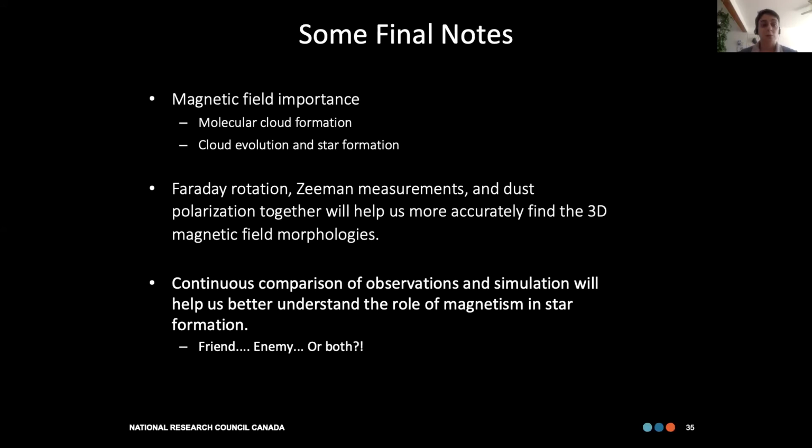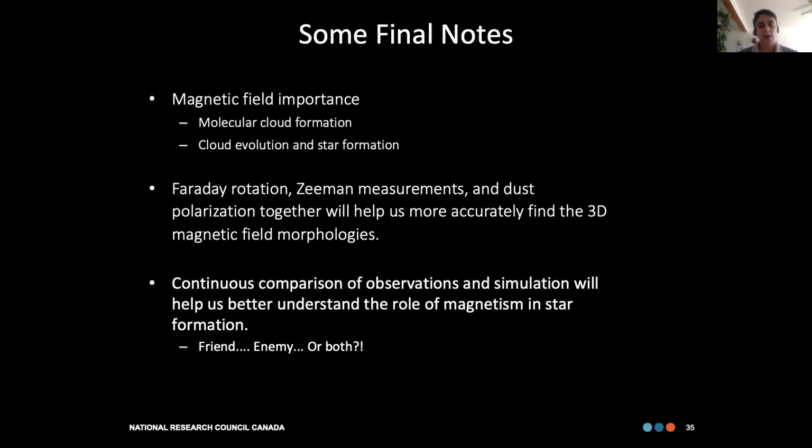And then, by using MHD simulation, we can look at the cloud evolution and star formation and take steps toward finding the role of magnetic field in star formation. And Faraday rotation, Zeeman measurements, and dust polarization together will help us more accurately find the 3D magnetic field morphologies in molecular clouds.